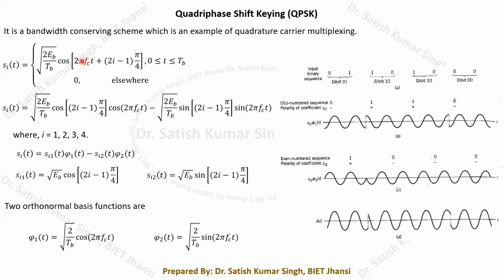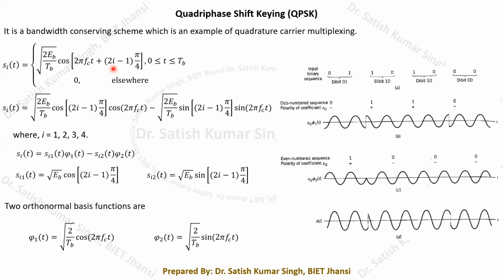Now, generally, as I said, in the case of binary phase shifting, we have just two different phase shifts in the carrier, 0 degree and 180 degree. But in the case of quadrature phase shifting, we are going to have a total of 4 different phases of the carrier corresponding to different combinations of the bits.